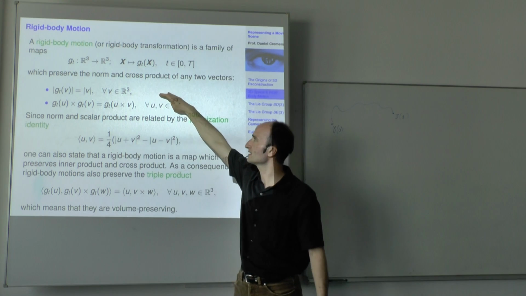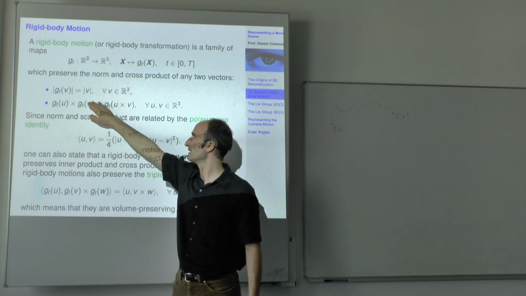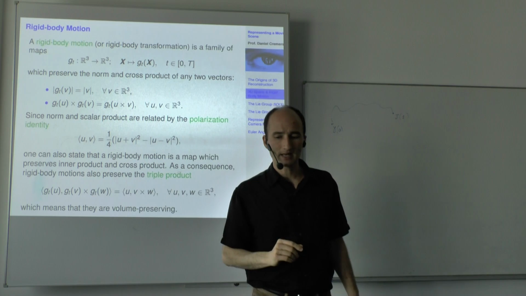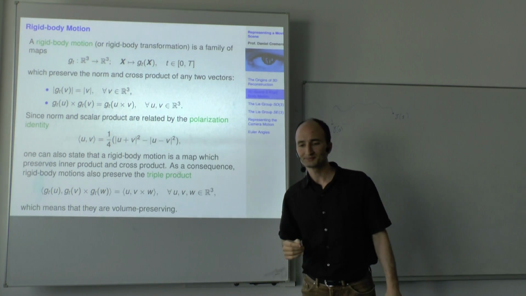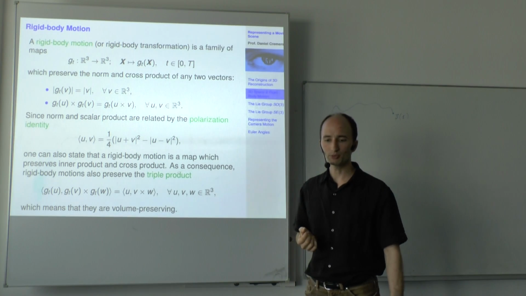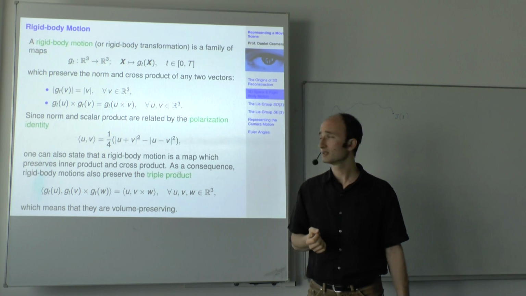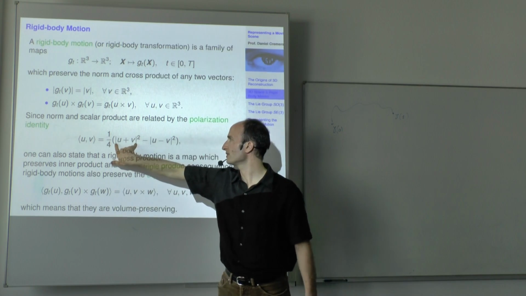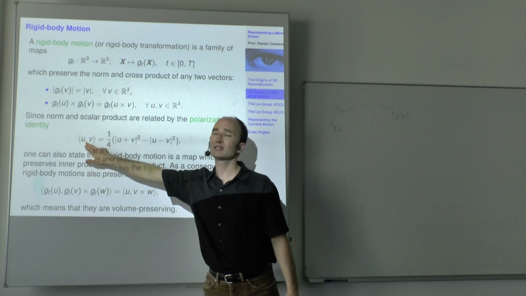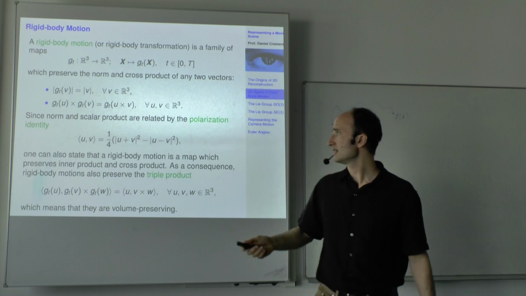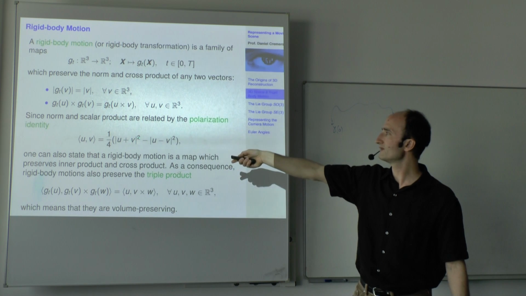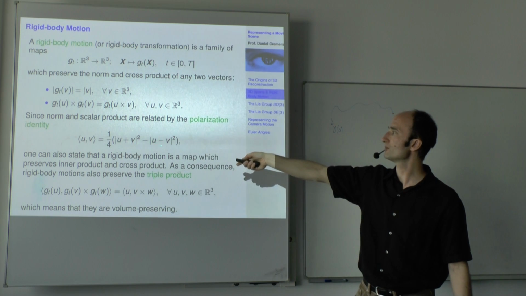Interestingly, once you specify that it has to preserve lengths and that it has to preserve the cross product, it implies that it also preserves the scalar product. This is not quite obvious, but once you have the lengths or the norm, you can extract the scalar product from it. For any vectors u and v, I can say the norm squared of u plus v minus the norm squared of u minus v.